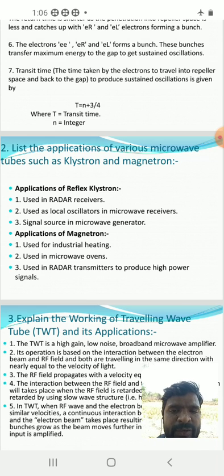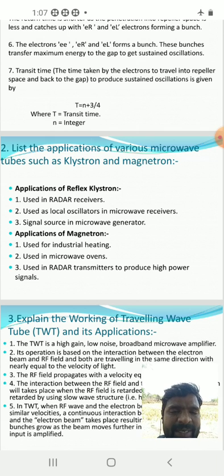They are used as local oscillators in microwave receivers. They are used as signal sources in microwave generators. So reflex klystrons are used in radar communication, microwave communication, and as signal sources in microwave generators.